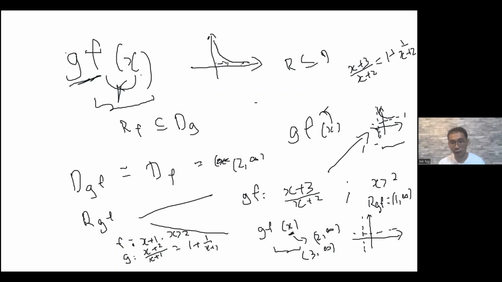Just now is negative 2, x equals negative 2. This one is y equals 1, x equals negative 1.